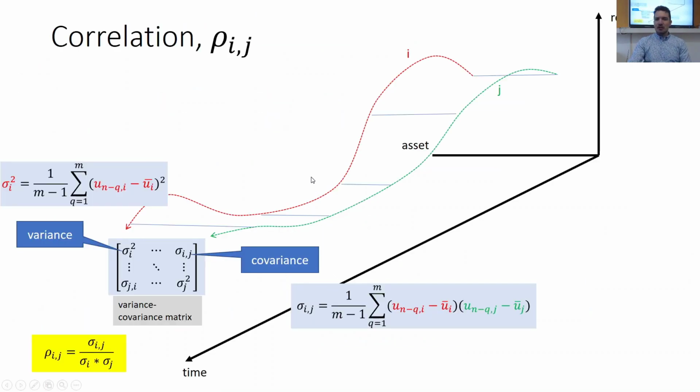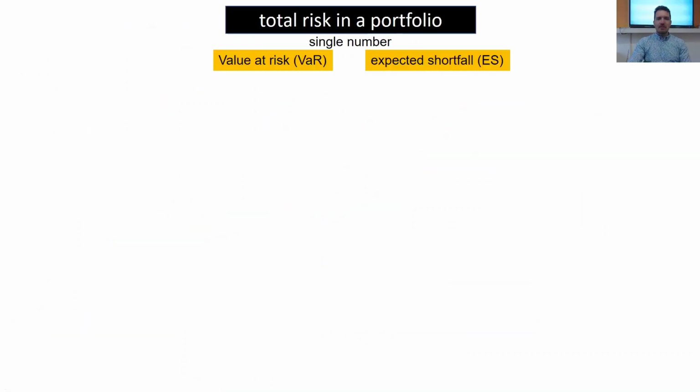So yeah, correlation. Okay, we can remember this, but in the case of total risk in a portfolio, practically it could be a single number, because total risk in a portfolio is the standard deviation of the portfolio. So nothing new is there, but can we describe the thresholds of possible total losses in a portfolio?